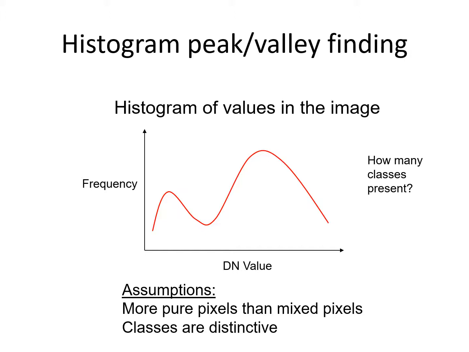You're simply creating that decision boundary based on the valleys in the histogram. In this example, you would say you probably have 2 classes. Now, there are some assumptions that you have more pixels than mixed pixels, and that classes are distinctive. In other words, that you can tell the differences between the stuff that's in the first peak and the stuff in the second peak, that they're unique enough.